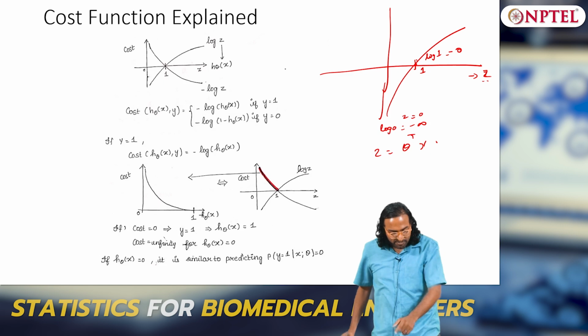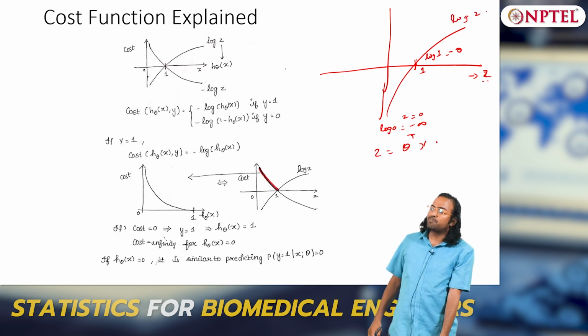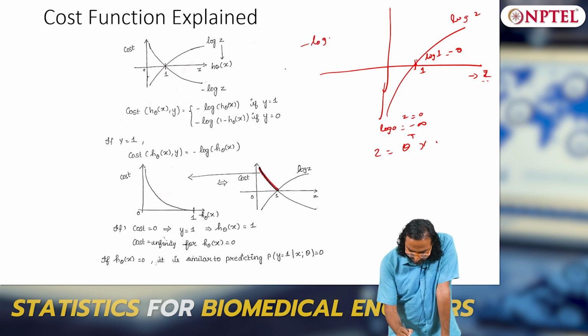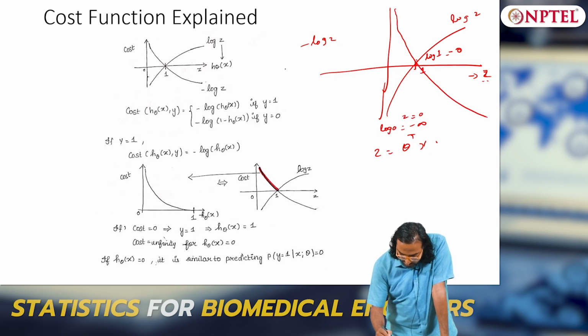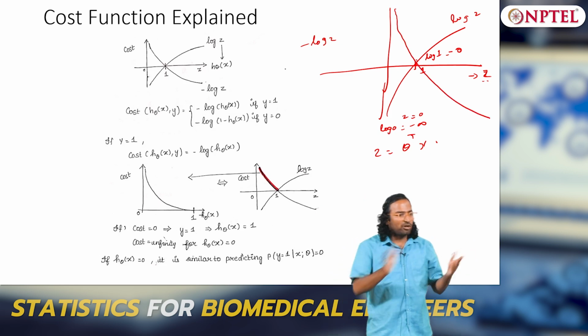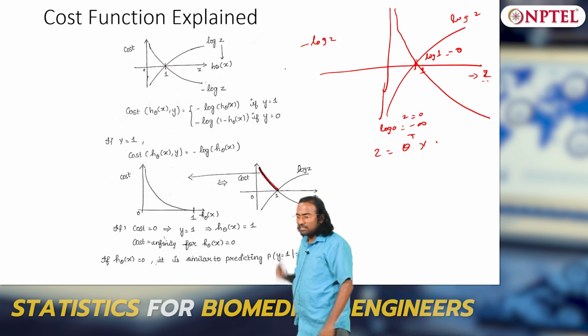So this is my graph of log of z. Now let us plot minus log z. It is just the opposite, a mirror image. Negative is actually a mirror image. So this is minus log z.